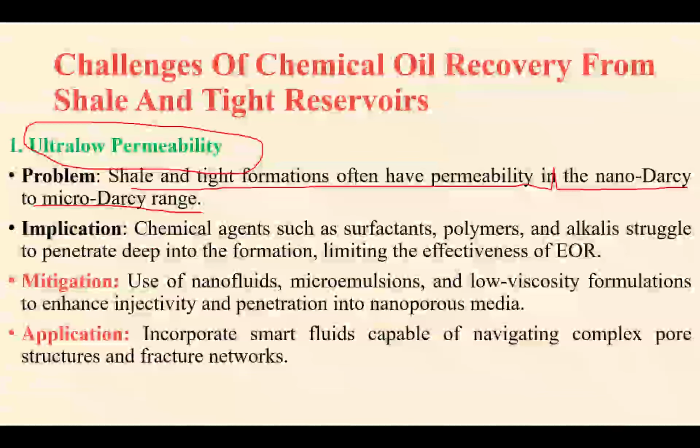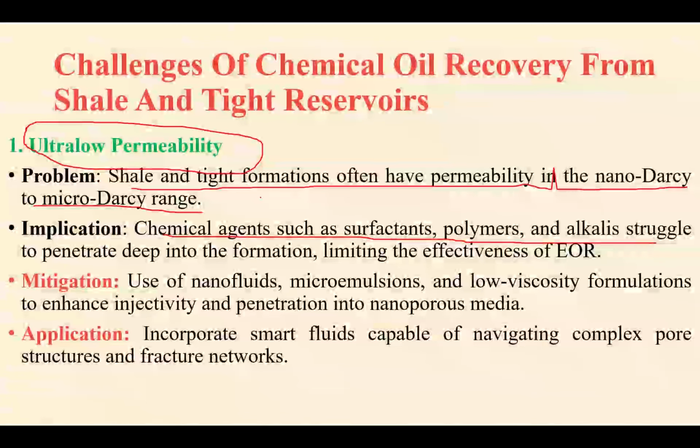Now, what can be done? We can use different chemical agents such as surfactants, polymers, and alkalis, but we have to be very careful about the penetration of these chemicals.